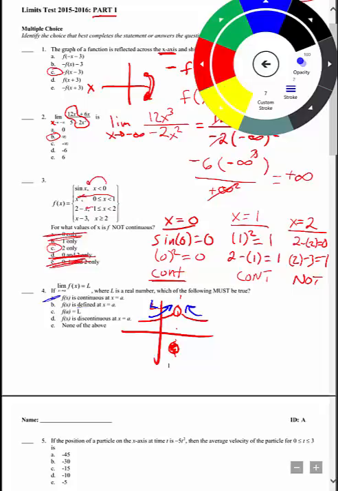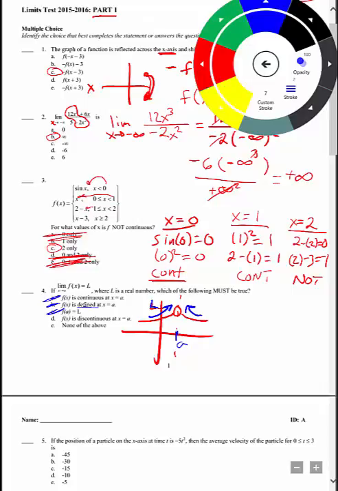Same thing for defined. What if I just never filled that in? Then f would not be defined here at a, but the limit still does exist. Does f of a have to equal L? Again, f of a here doesn't equal that L. You could plug it in down here, or it could just be DNE if it didn't exist.